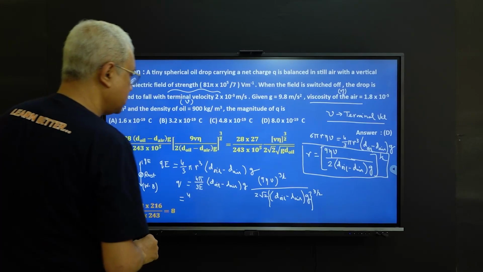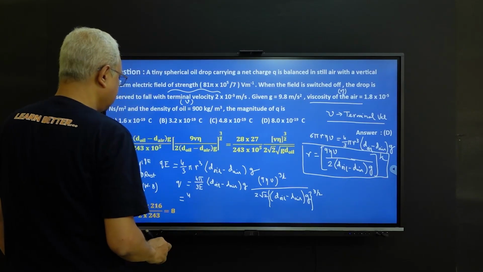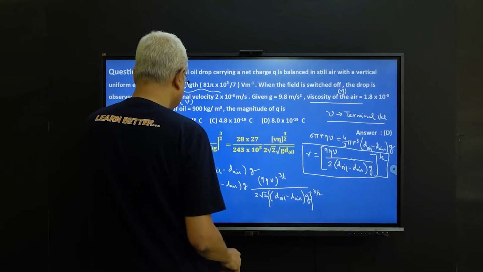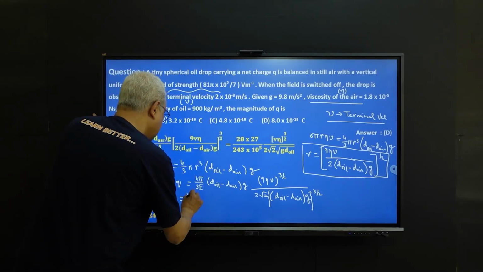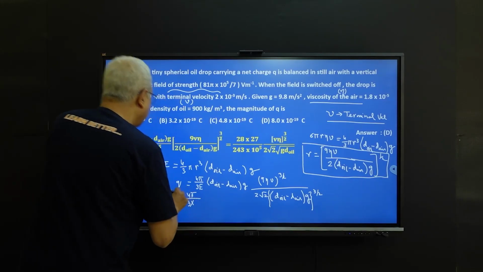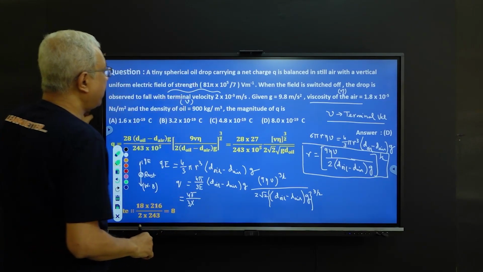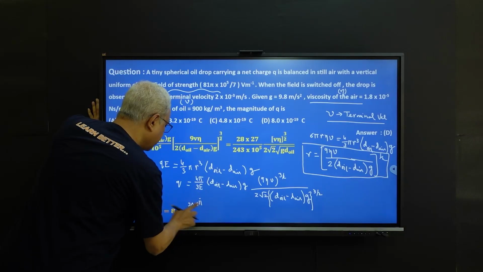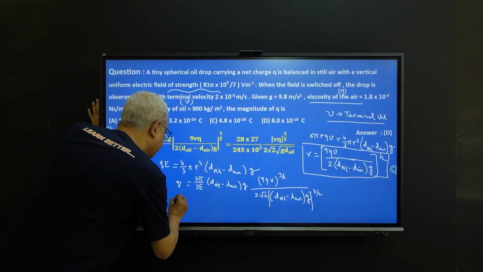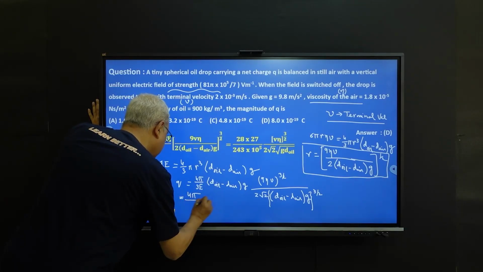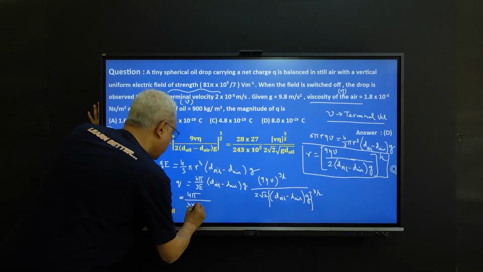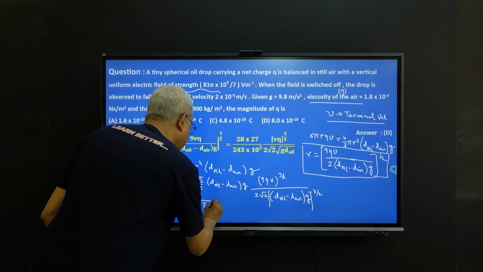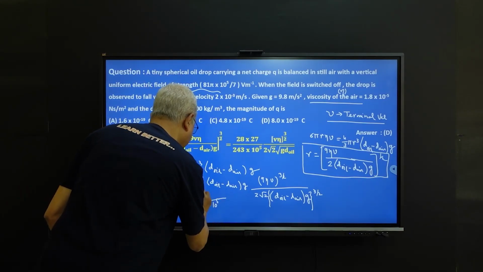4 pi divided by 3E. The electric field is given as 81 pi into 10 to the power 5 by 7.